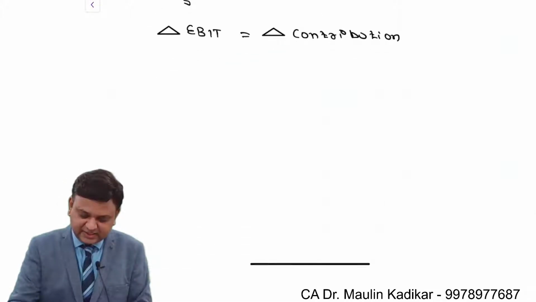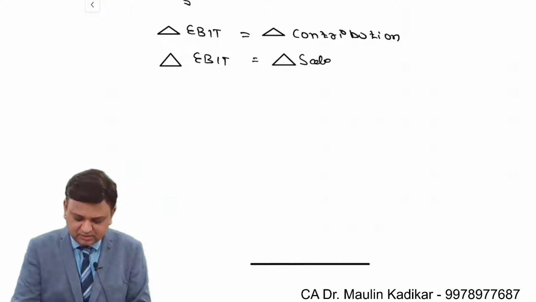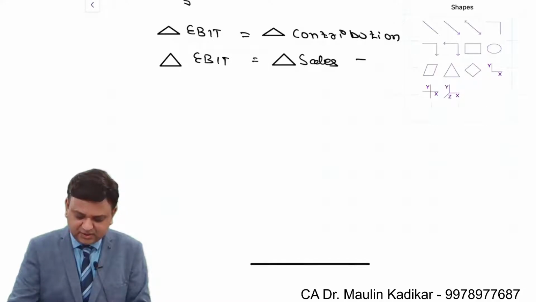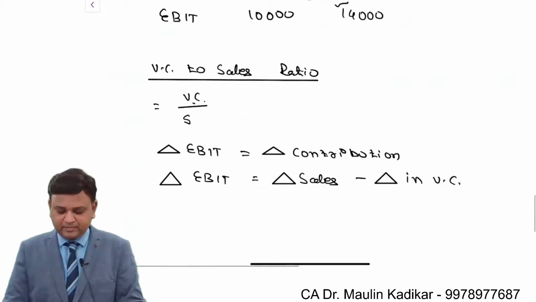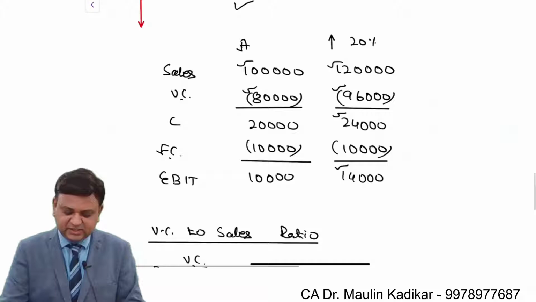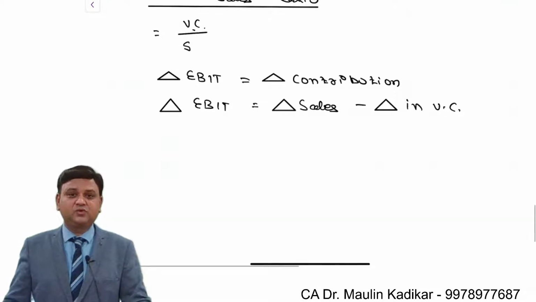So change in EBIT is equal to change in sales minus change in variable cost. The sales changes by 20,000 and variable cost changes by 16,000. So 20 minus 16 comes to 4,000.